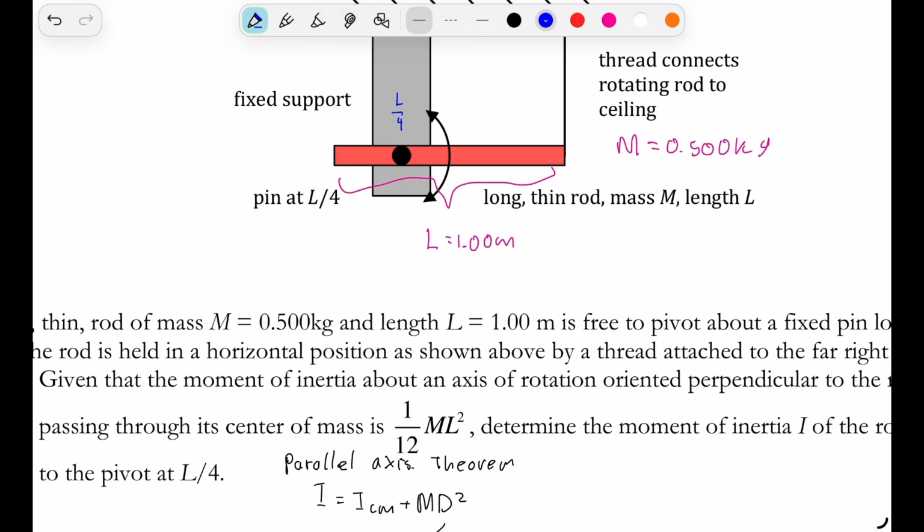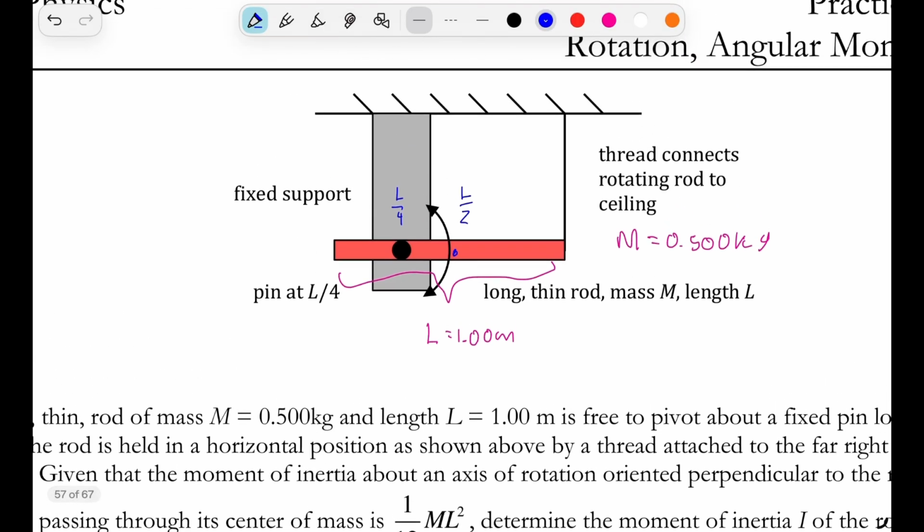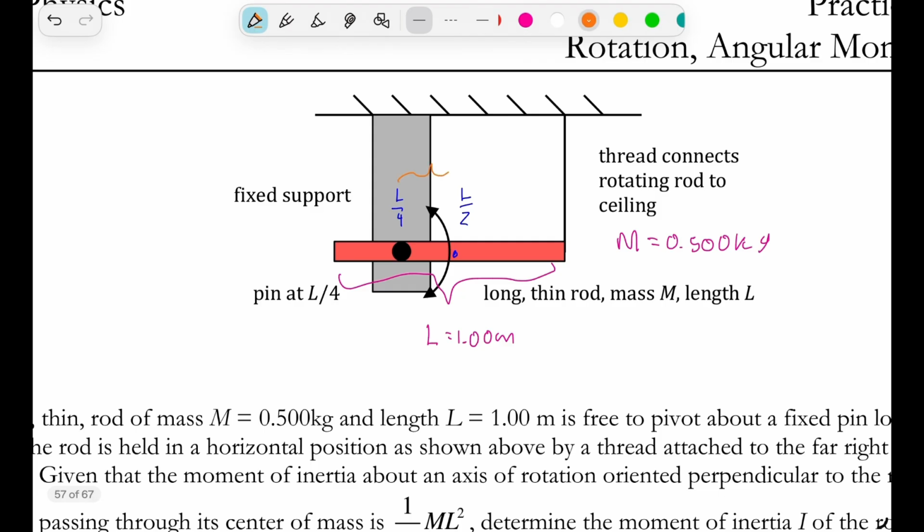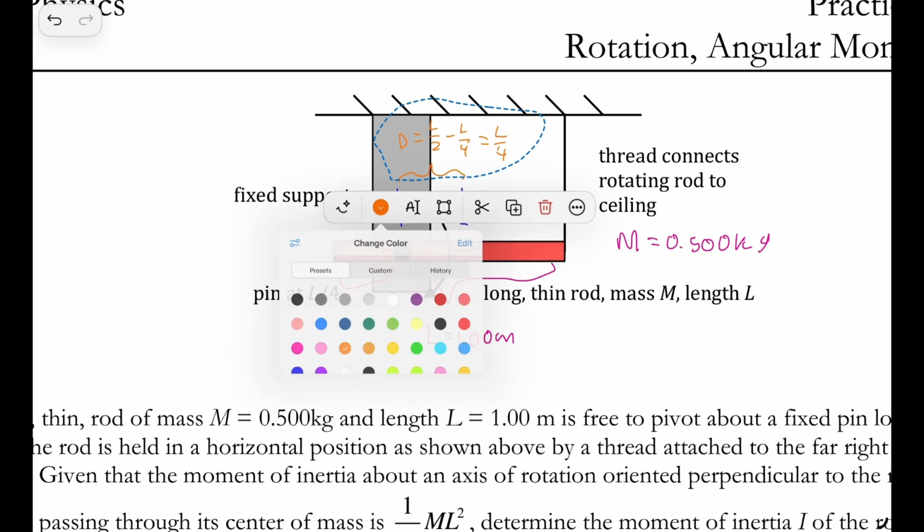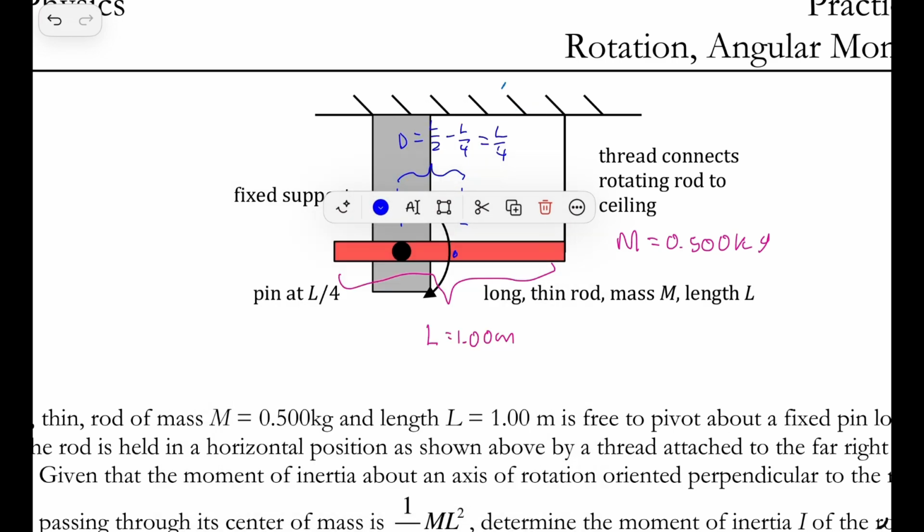What is that distance? We know that the pivot is at L/4, and the rod's center of mass is at L/2, and we want that distance. So this is going to be equal to L/2 minus L/4, which is just L/4.